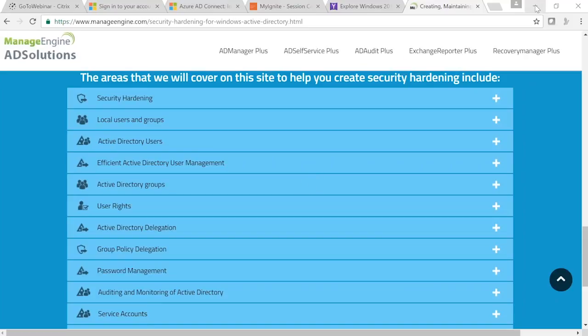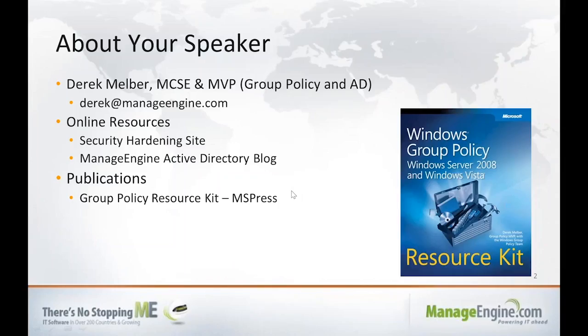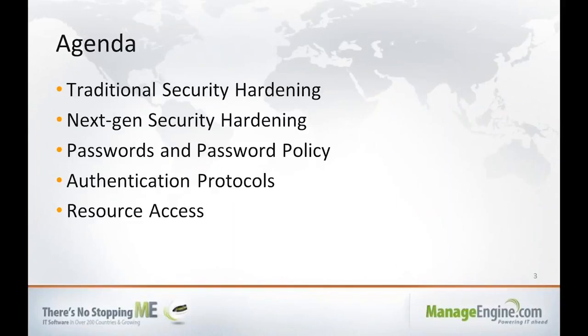We feel that it's important for you to understand what security hardening is and the correct ways to harden your environment. So we're going to start off talking about traditional security hardening, and then move on and talk about what we feel is the generation today, the next generation ability to harden your environments. And then we're going to walk through 3 examples, giving you step-by-steps on how to do that.